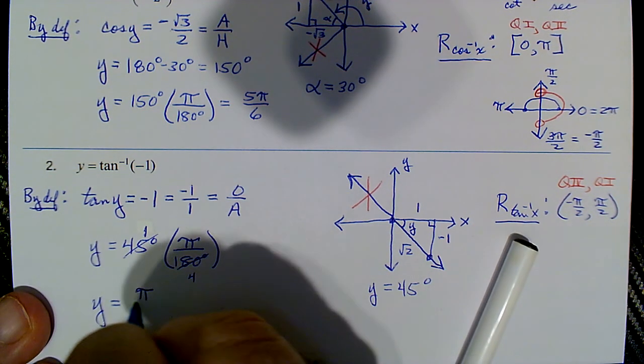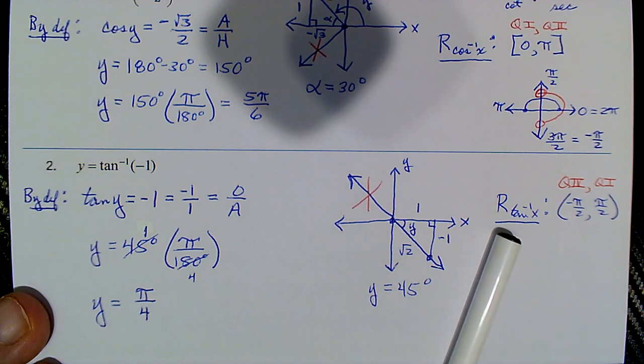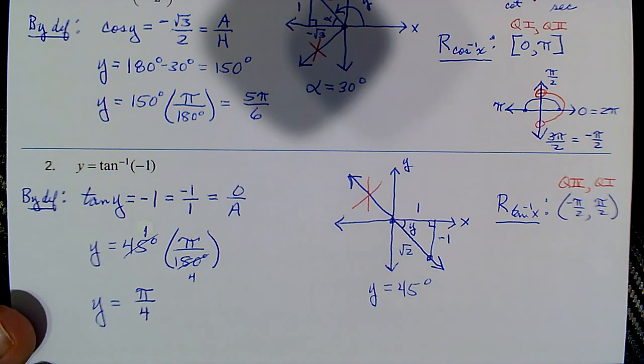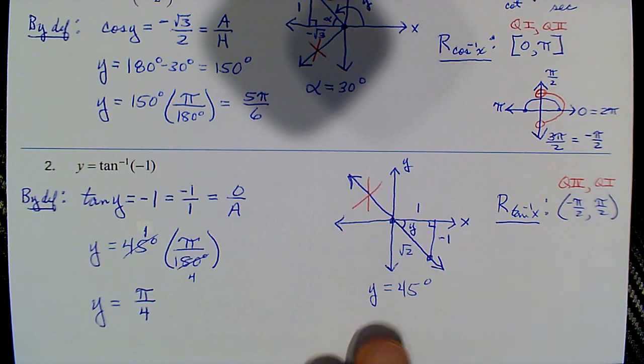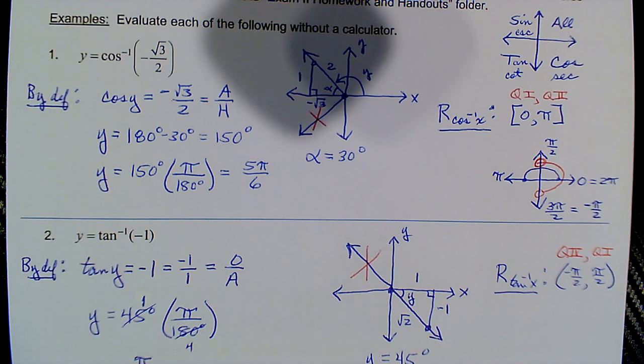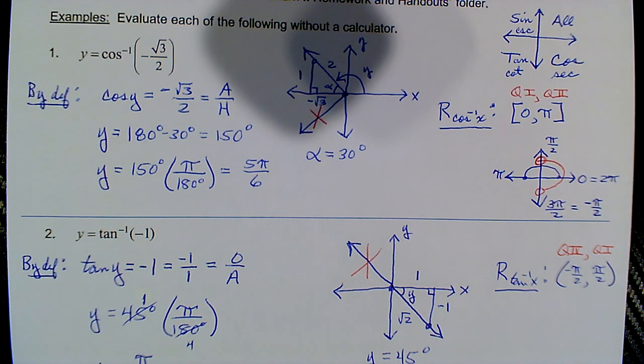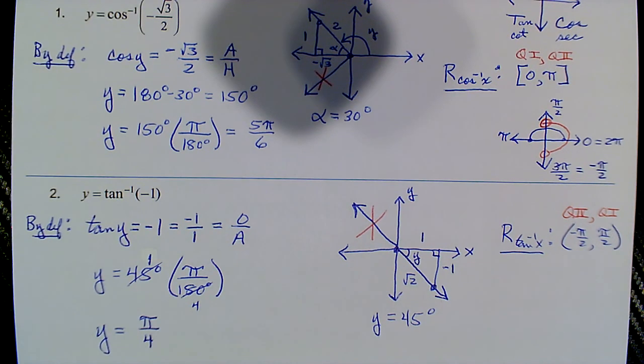So we get pi over 4. We're going to be doing this not every day, but there will be a situation when we evaluate definite integrals that will require us to know how to find the inverse trigonometric functions of numbers, which again are angles. Alright, so that's the end of topic 1, and we'll see you for topic 2 when you're ready.